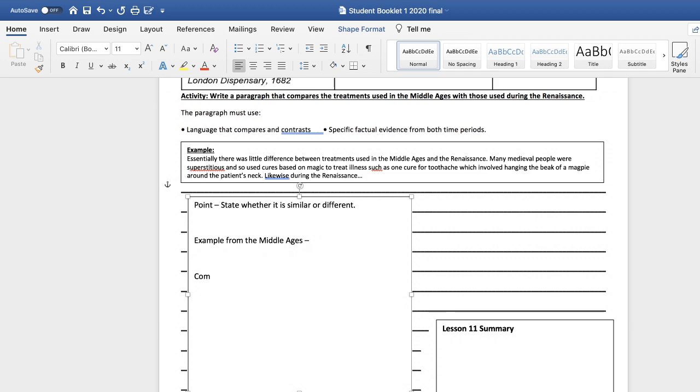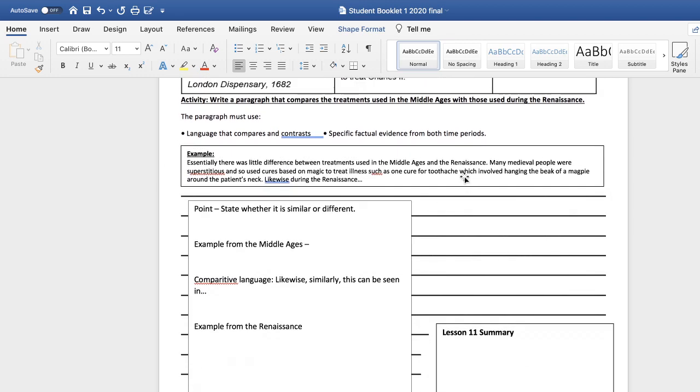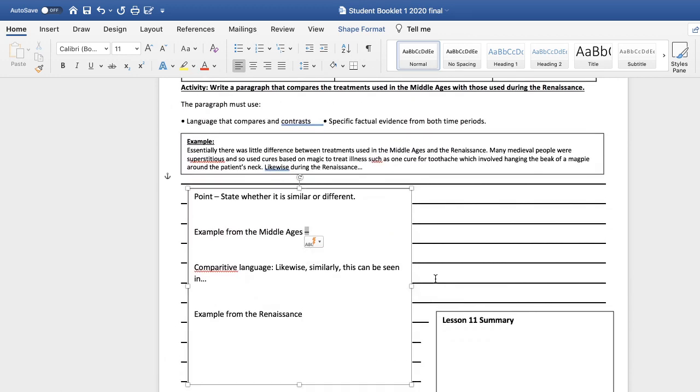You then need your comparative language, so again, stuff like likewise, similarly, this can be seen in. We need to make sure that we have a clear comparative statement, because the whole point of this task is to compare two time periods. You then need your example from the latter time period, in this case the Renaissance. It's important that you follow the structure when writing this paragraph, because it will inform an exam skill, but we'll look at that later on in the booklet probably. Okay, thank you.